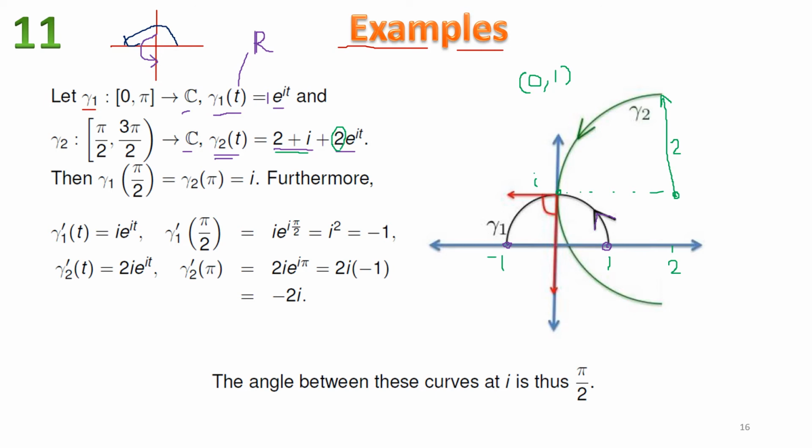Now this is a common point of intersection, and we are interested in finding the tangent to the curves at the point of intersection. If you want to talk about the coordinates of this point in the polar form, then the radial part is at unit interval and the angular part is pi by 2. So 0, 1 can be represented in the polar form as 1, pi by 2.